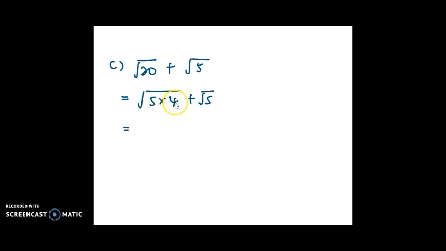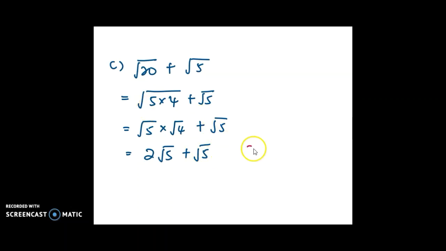Then we split the square root into surd 5 multiplied by surd 4, added to surd 5. Surd 4 can be simplified into 2, so we have 2 surd 5 plus 1 surd 5. You can see this as 2 apples plus an apple. You get 3 apples, where the apple represents your surd 5.